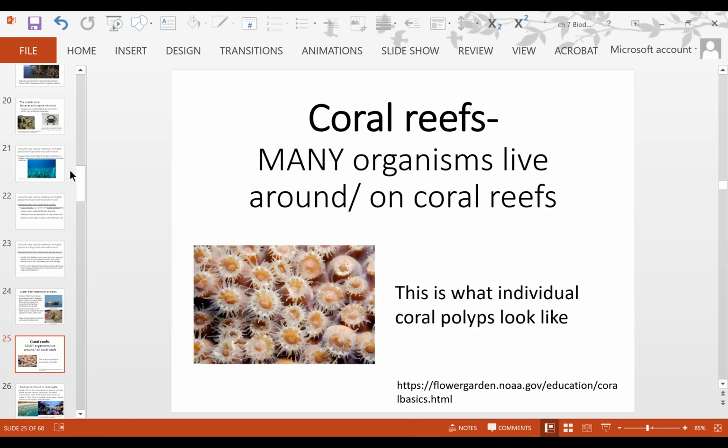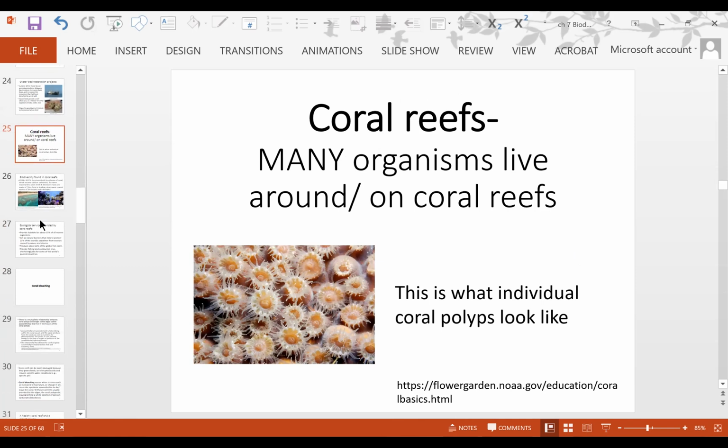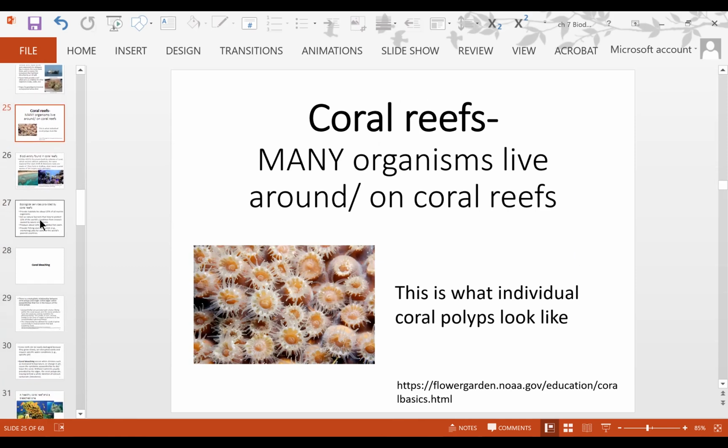And that brings us to coral reefs. Many organisms live around and on coral reefs. And this picture here shows you what coral polyps actually look like. So they got these tentacles sticking out.